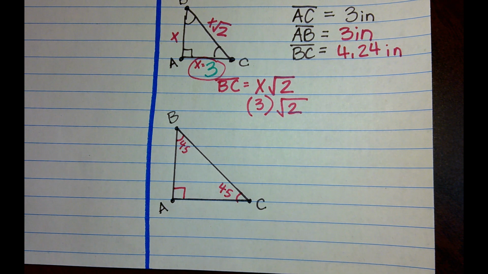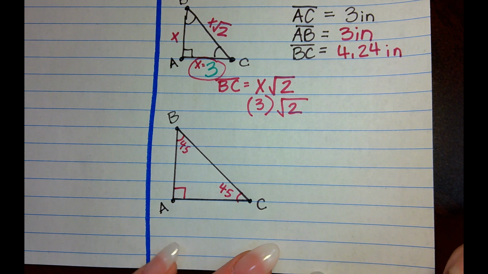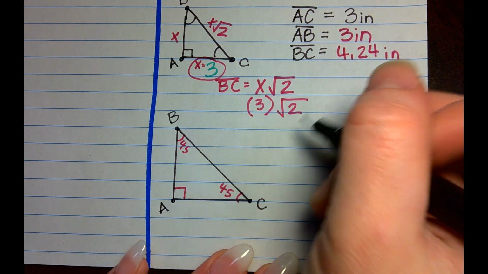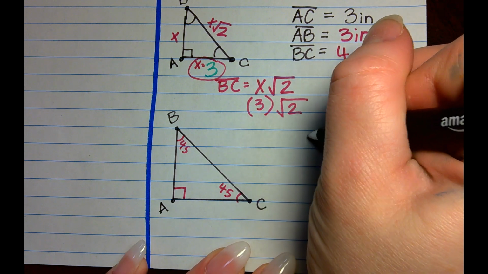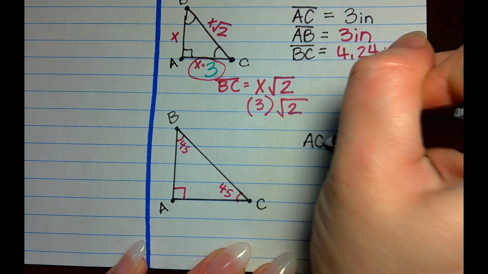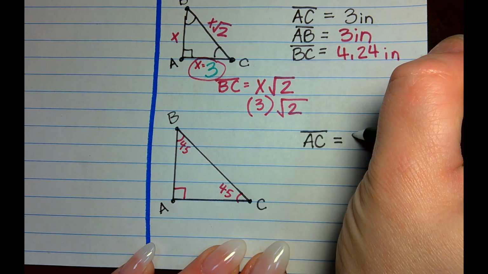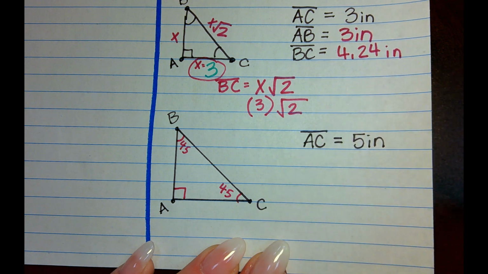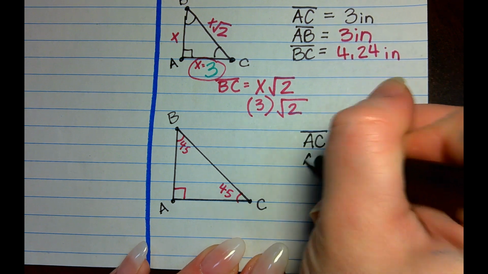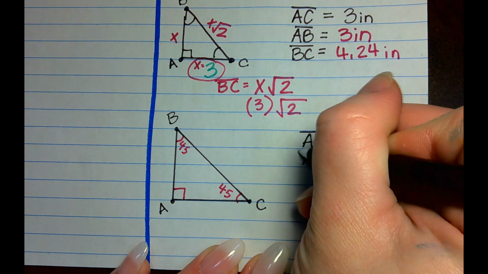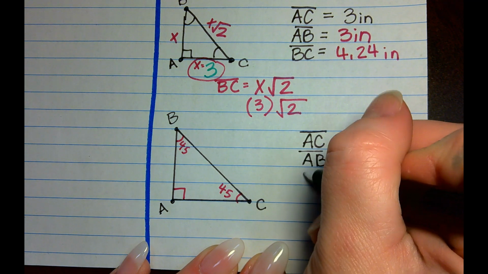And then here are the values I will give you this time. I'll tell you that AC is 5 inches, and you need to find AB and BC.